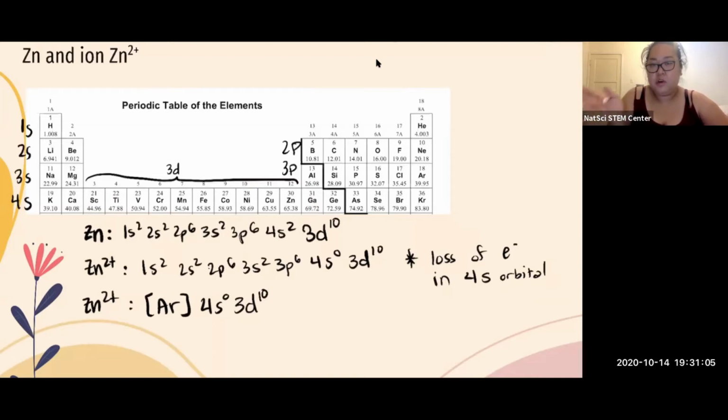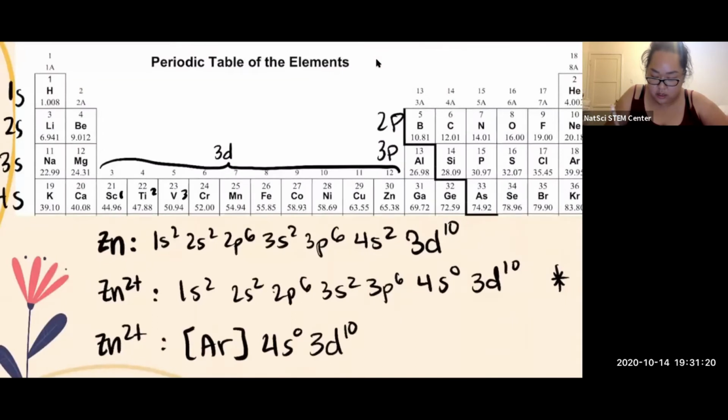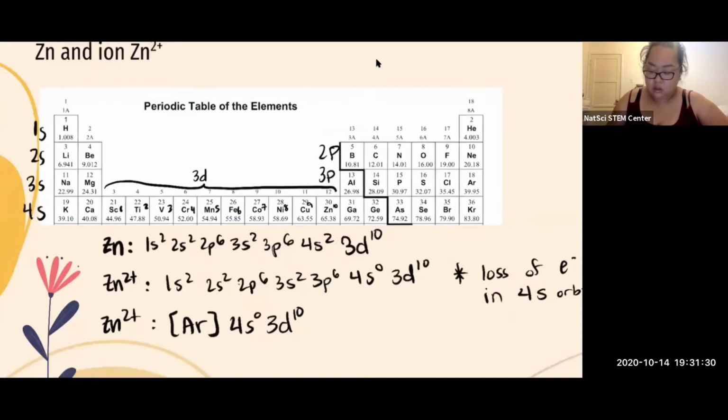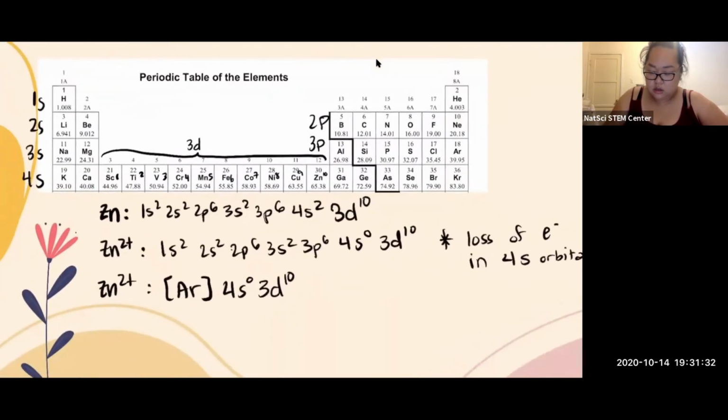Starting from the transition metals, you go one back for the d orbital. So it's 3d, and zinc is here. If we count it, 1, 2, 3, 4, 5, 6, 7, 8, 9, 10, the 3d orbital is completely full. So zinc is annotated with 3d full all the way. 4s goes before 3d when you're writing it as well.